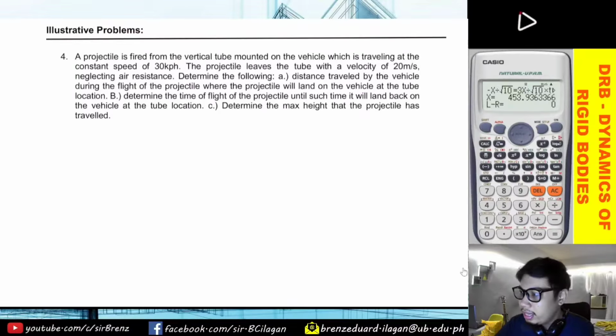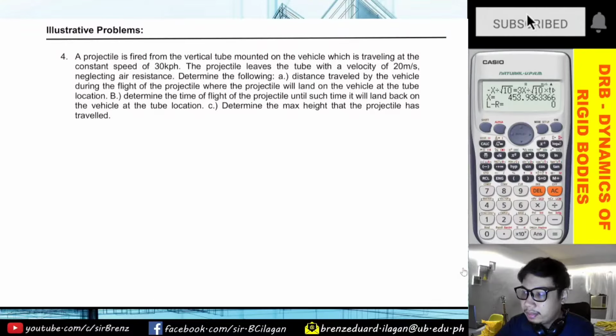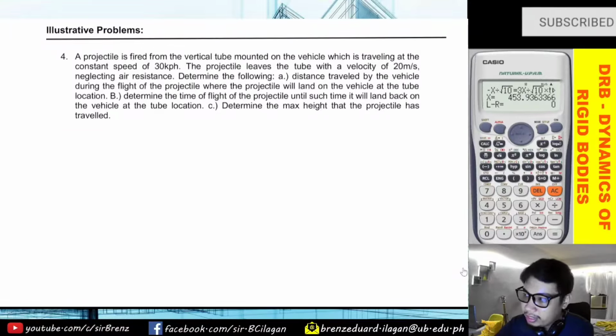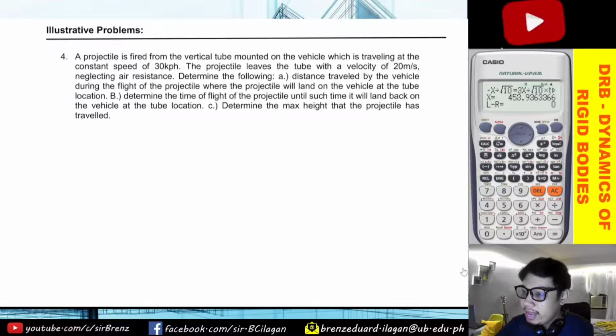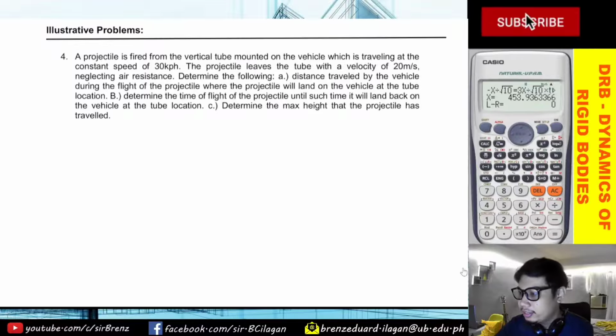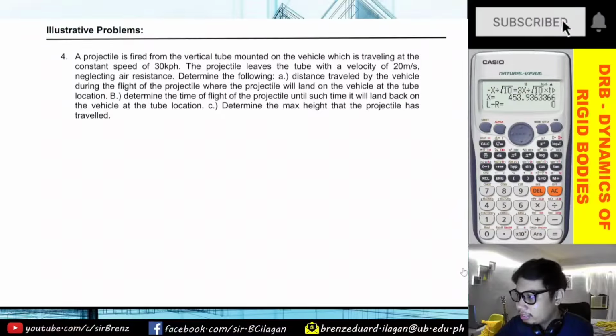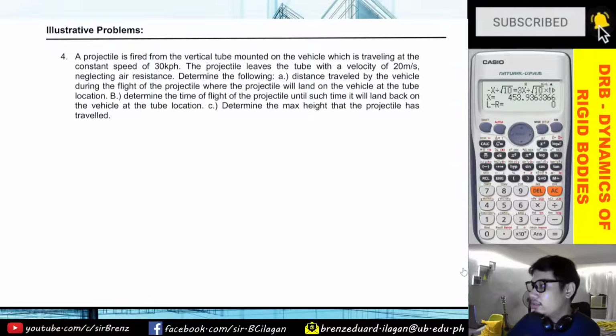Determine the following. A. The distance traveled by the vehicle during the flight of the projectile, where the projectile will land on the vehicle at the tube location. Letter B. Determine the time of flight of the projectile until such time it will land back on the vehicle at the tube location. And letter C. Determine the maximum height that the projectile has traveled.